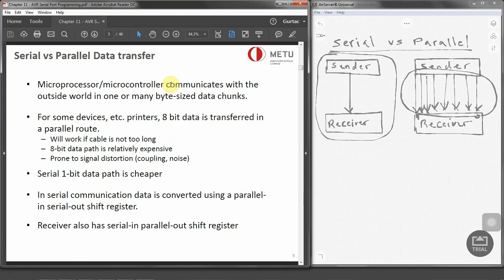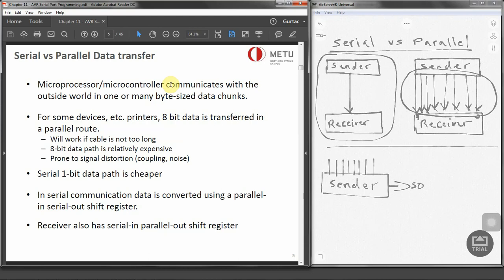And the one thing that we need to consider, if we are going to use serial communication, on one end, when we actually get the data from the data bus, 8 bits are coming in, but we need a parallel-in, serial-out shift register.